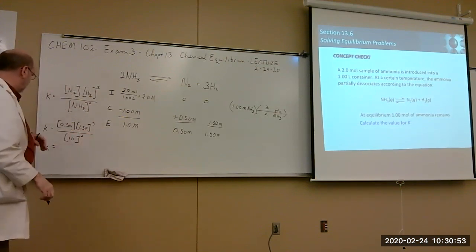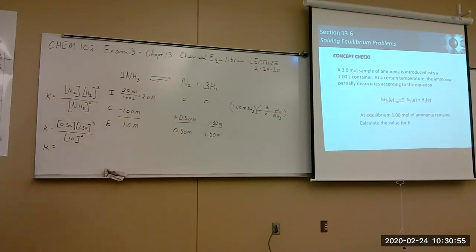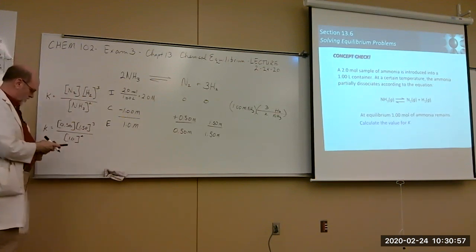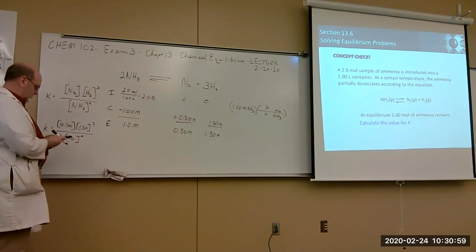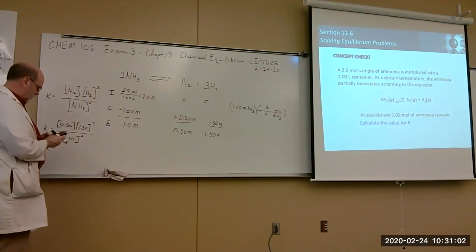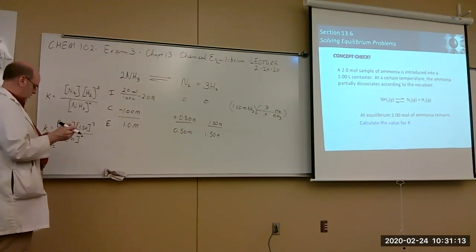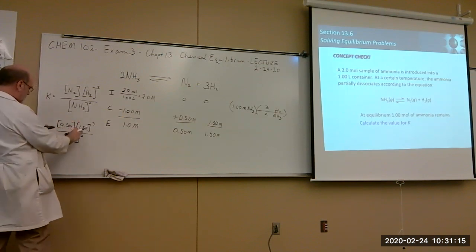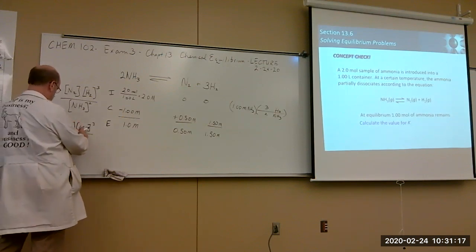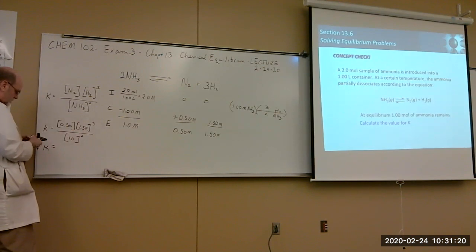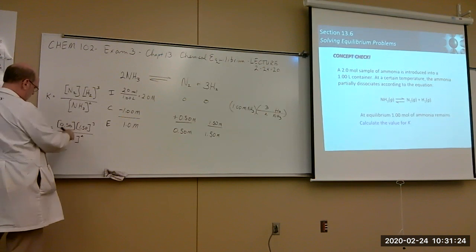What's K? Well, let's see, my brain is not that good. So 1.5 to the third power is 3.375, times 0.5, 1.6875, divided by 1.